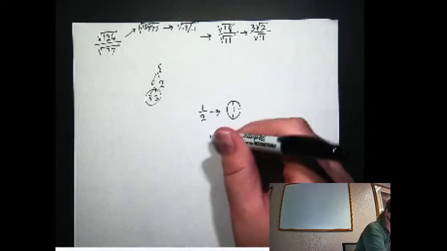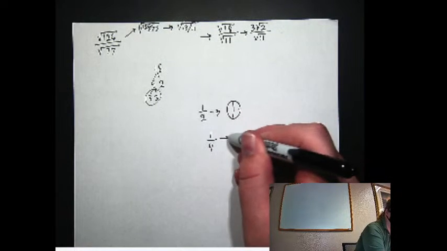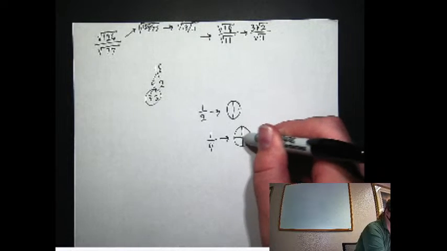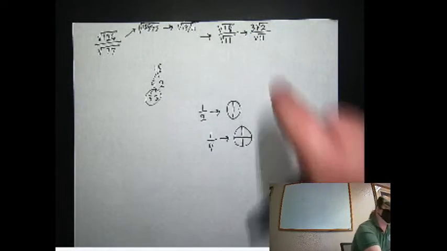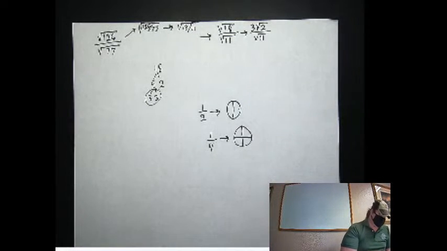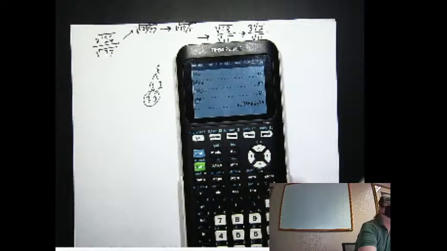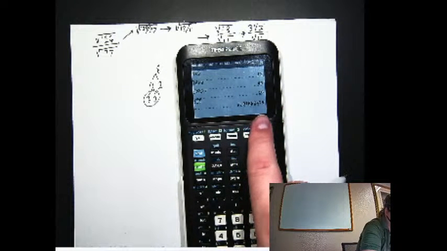Something like 1/4. Again, the bottom number is telling us what those pieces look like. 1, 2, 3, 4. If we have square root of 11, that gives us 3.3166247.